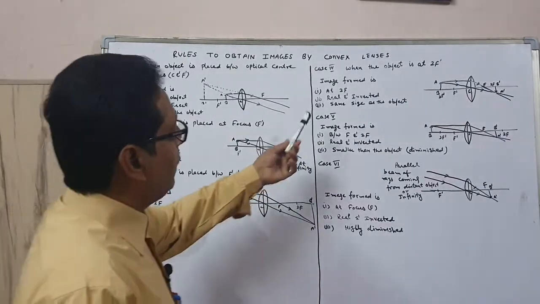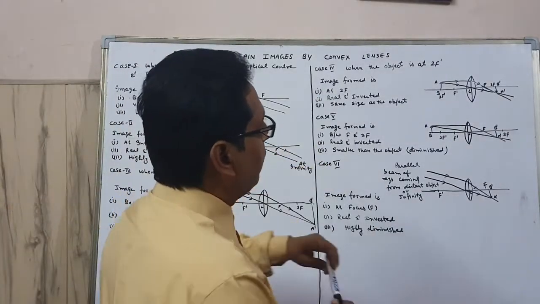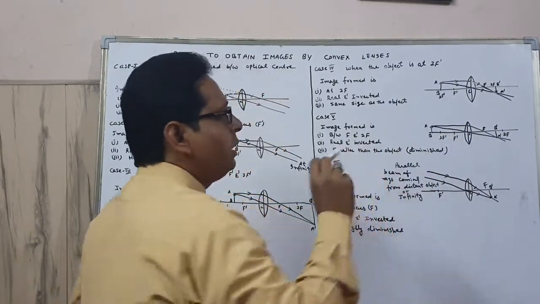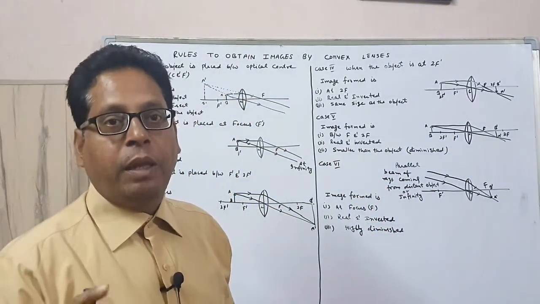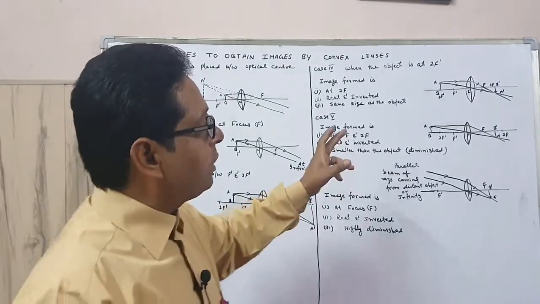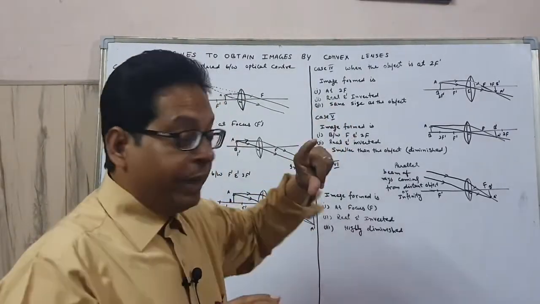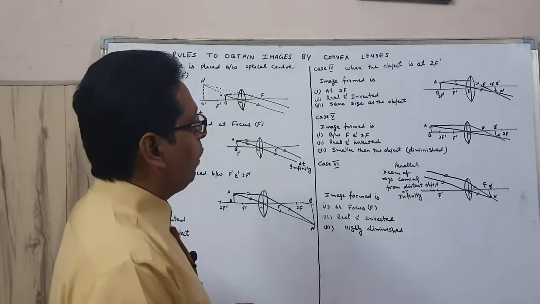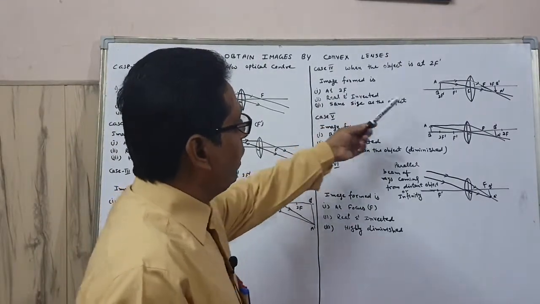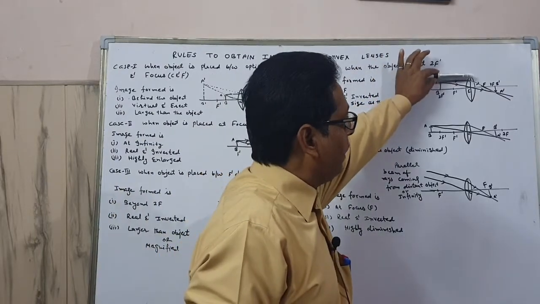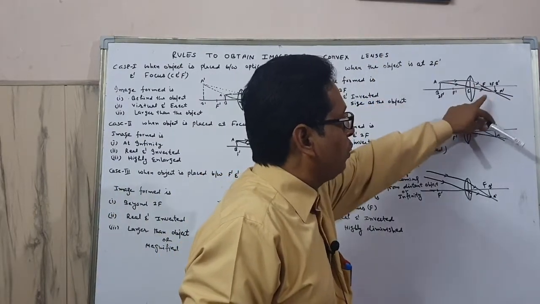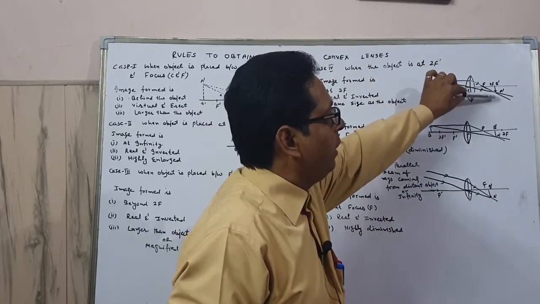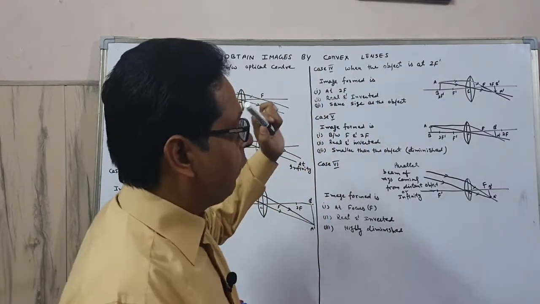Next, come to the fourth case, when the object is lying at 2F. This is the case in which we get an image of the same size as the object. Again, a ray parallel to the principal axis passes through the focus, and the second ray passes through the center, and they will meet at 2F.